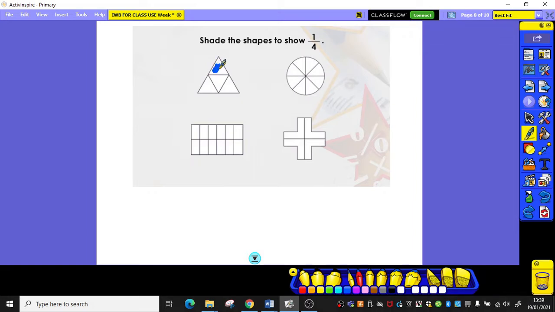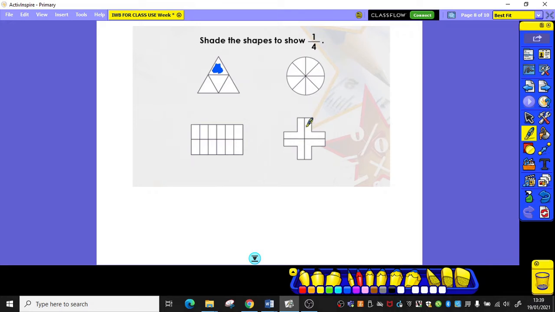So I think we can cope with myself just colouring a part of it, but you recognising that I should have actually coloured all of that triangle. But again, I've coloured 1 for every 4. 1, 2, 3, 4. So I've coloured 1 quarter.